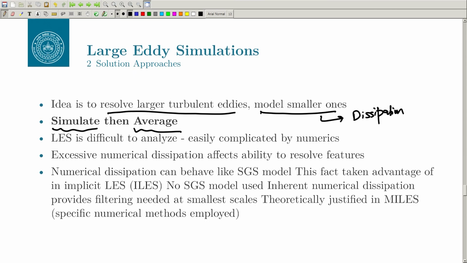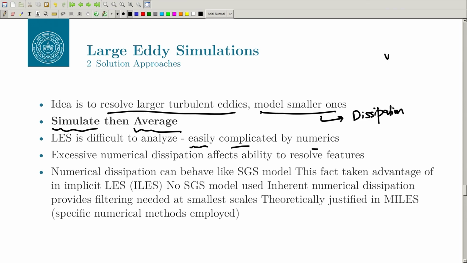LES is difficult to analyze. It can easily be complicated by numerics, and the post processing is also not that easy, because the grid size is very large. In LES it is 3 dimensional, and you do not get the mean quantities directly. Let us say you want the turbulence kinetic energy: in RANS you are solving the equation for dk by dt, so you get the turbulence kinetic energy directly.